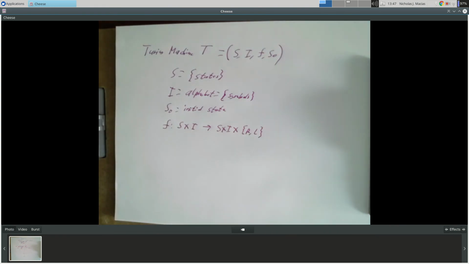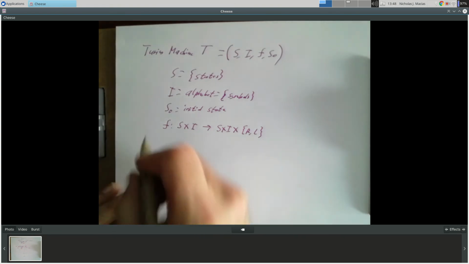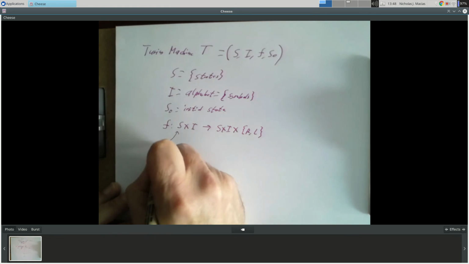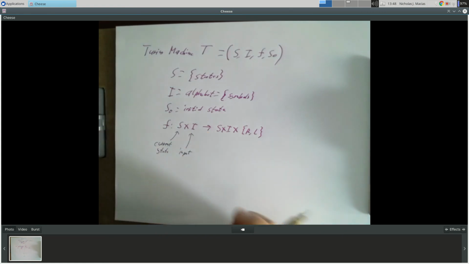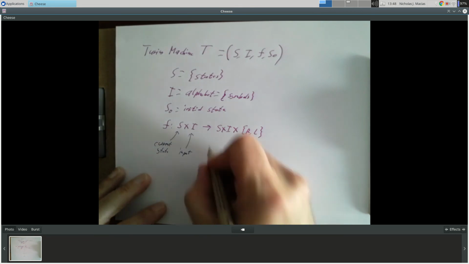It's a mapping from the Cartesian product of S with I into the Cartesian product of S with I with this set containing two elements that we call R and L. So this S is our current state, and this I is an input, some symbol from our alphabet.